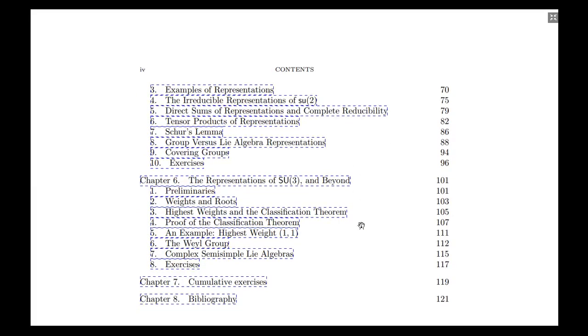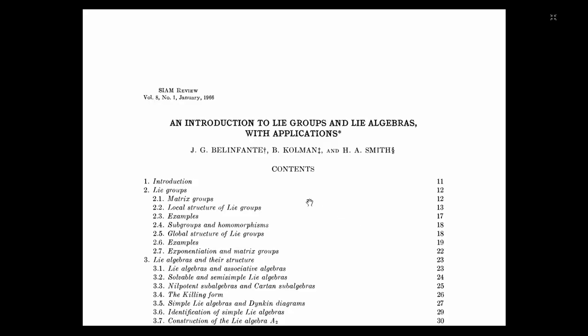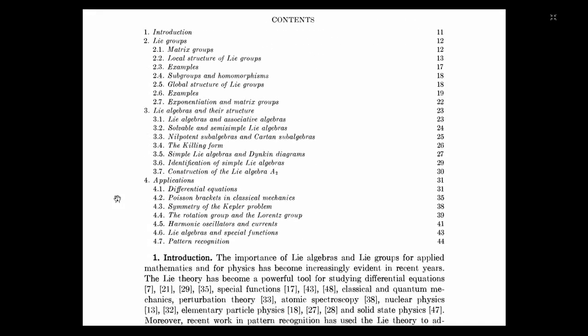This resource is also very nice, an introduction to Lie group and Lie algebra with applications. This is a short paper, also an old paper. It starts with Lie group, Lie algebra and their structure, different kinds of Lie algebra that we have, and the application, even in classical mechanics.